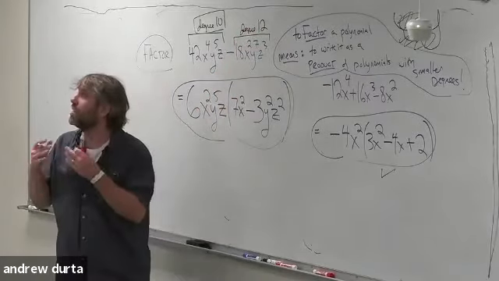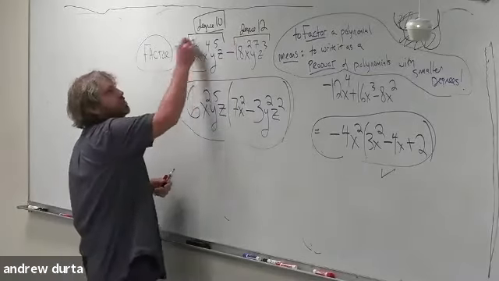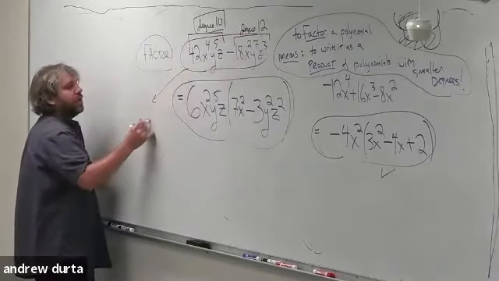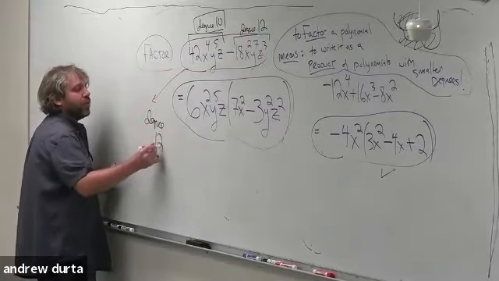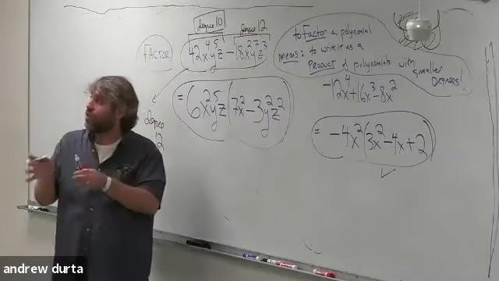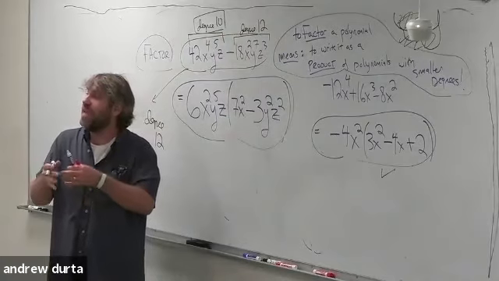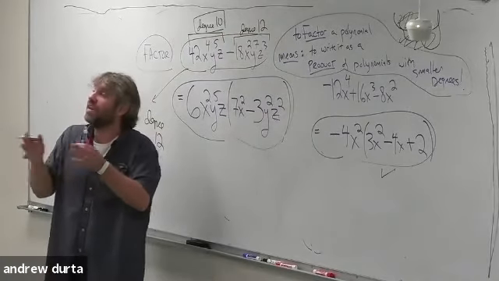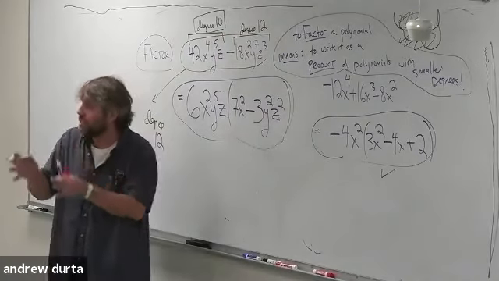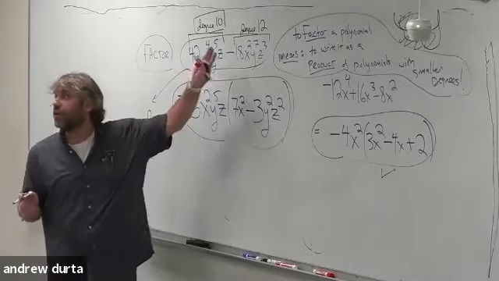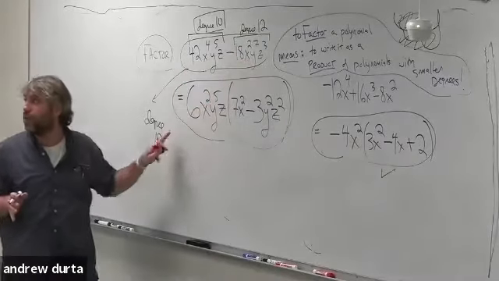Of course, altogether, this polynomial is degree 12, because the degree of a polynomial means find the degree of each individual term, and then whatever the largest degree of any of the individual terms is, that's the degree of the polynomial. So there's a degree 10 and degree 12 term. The degree of the polynomial is degree 12. Okay.